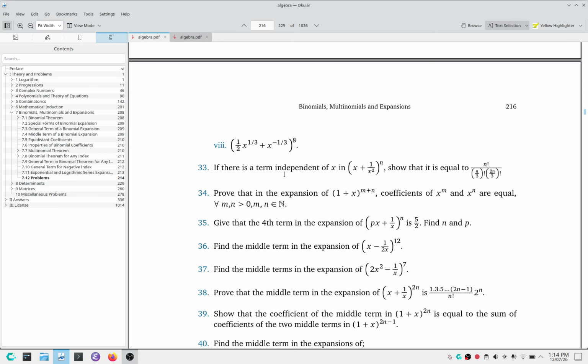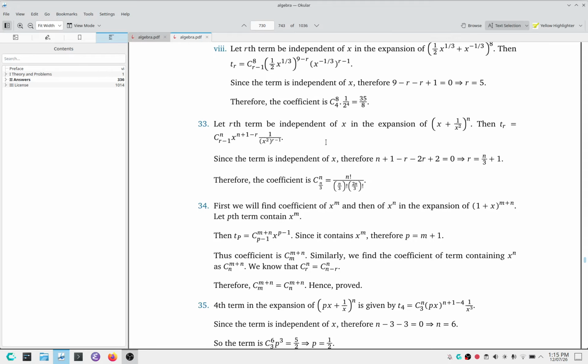Next question is, if there is a term independent of x in x plus 1 upon x squared to the power n, show that it is equal to n factorial divided by n upon 3 factorial times 2n upon 3 factorial.